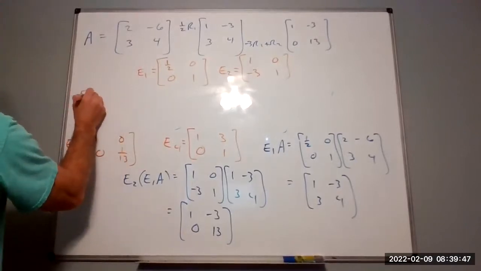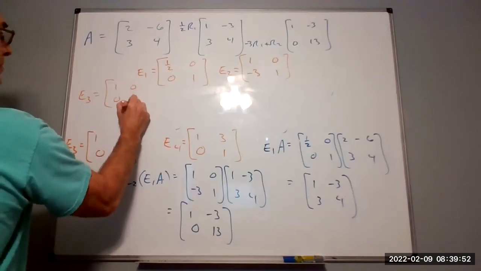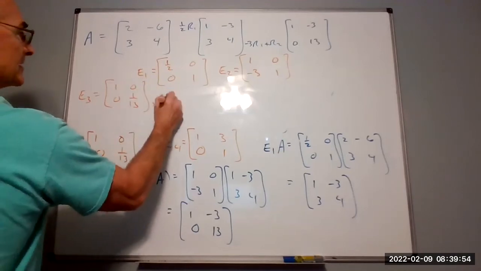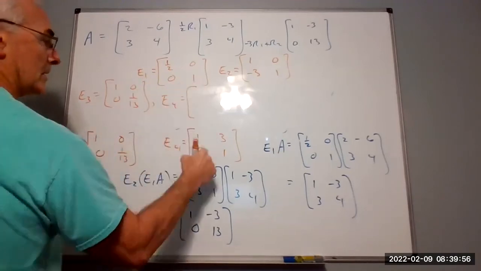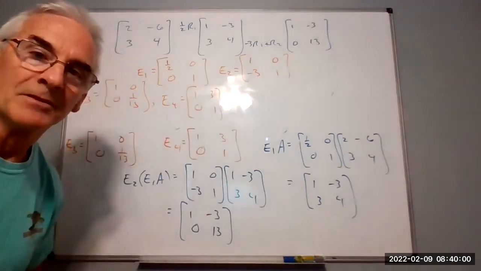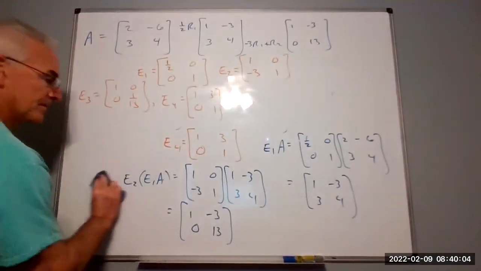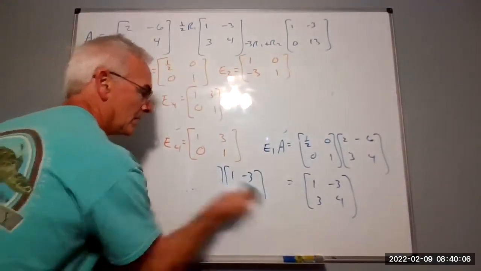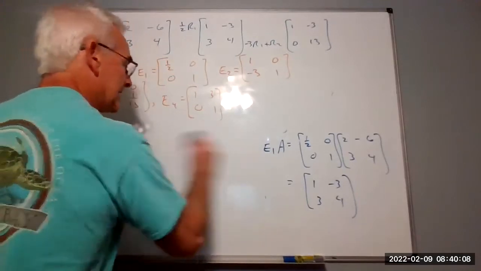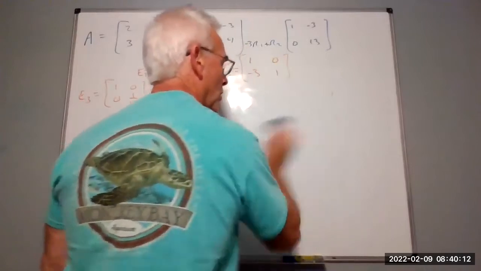So E3 was 1, 0, 0, 1/13th, and E4 was 1, 3, 0, 1, because I need the space. Okay, so I have 4 elementary matrices that I'm claiming will do my dirty work for me, if I do a matrix multiplication rather than a row operation.